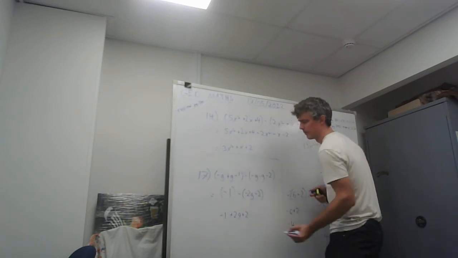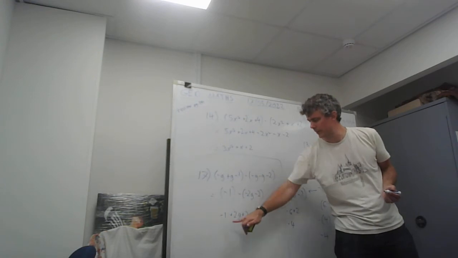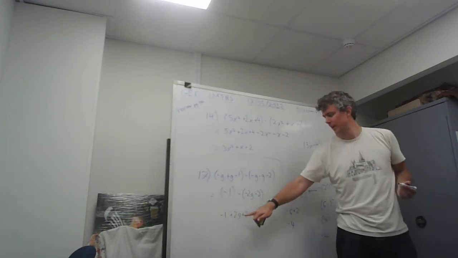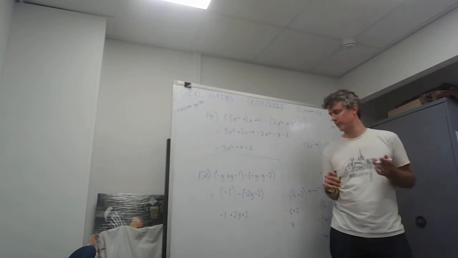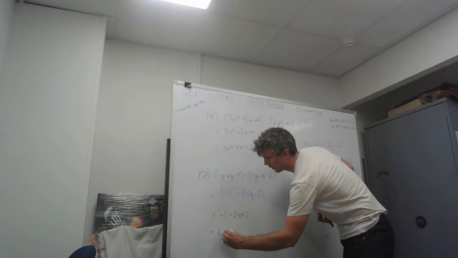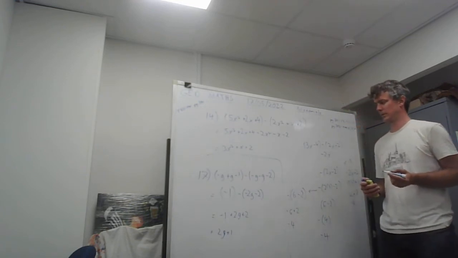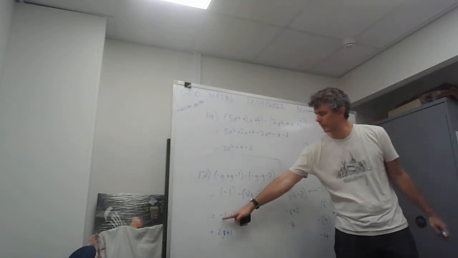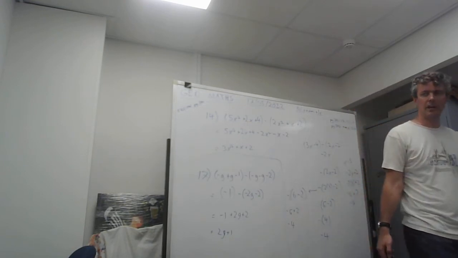And we can simplify the constants here: minus 1 plus 2, 2 is bigger, you find the difference, so it's 1. So that equals 2g plus 1. Any questions on that?